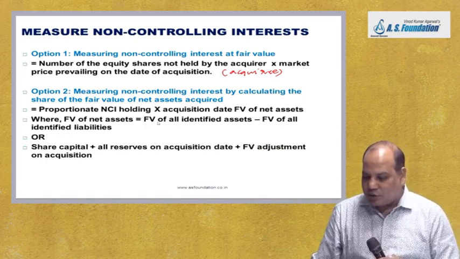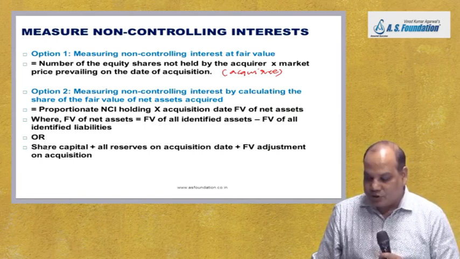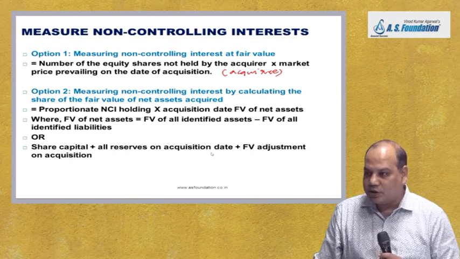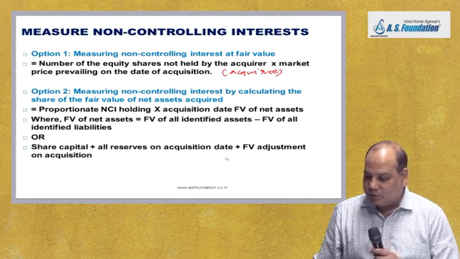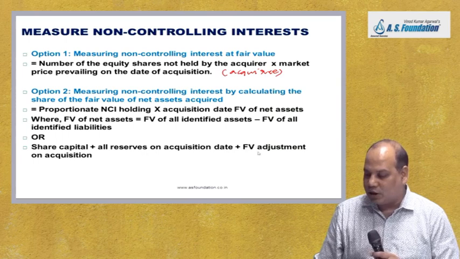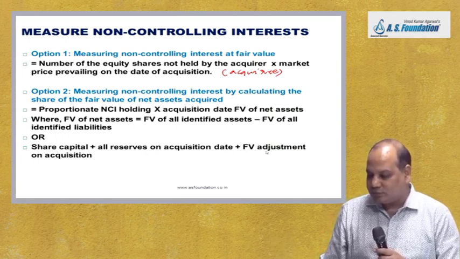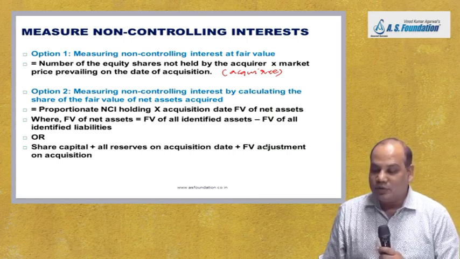If that route is not possible, then you can apply this route: share capital plus all the reserves of the subsidiary on the acquisition date, plus fair value adjustment on acquisition. Fair value adjustment: if the book value is 1 lakh and fair value is 2 lakh, add 1 lakh for that item. In case of assets, increase in value, add; decrease in value, less.